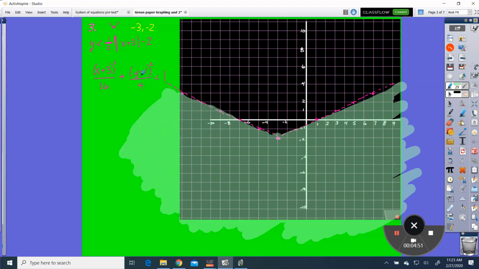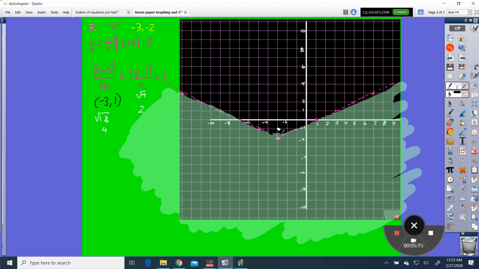There's that part. Now the next part's that ellipse again. So the center is going to be at -3. The y value is 1. So that's the center of the ellipse. So x is negative 3, y value is 1. Now in the x direction, it's the square root of 16, which is 4. In the y direction, it's the square root of 4, which is 2.